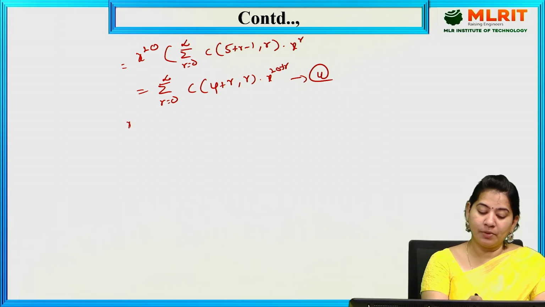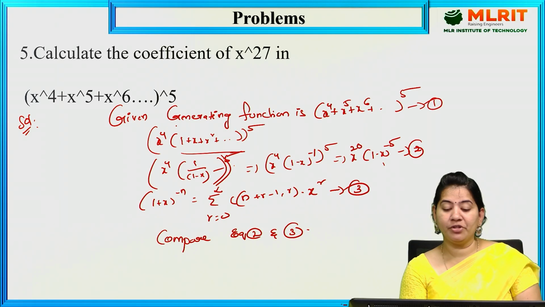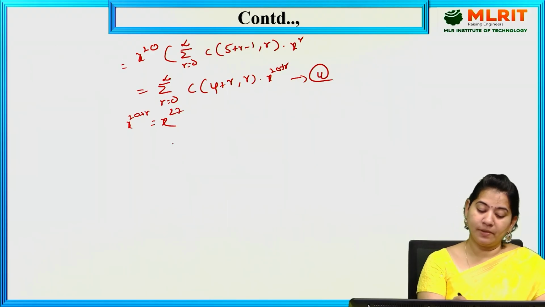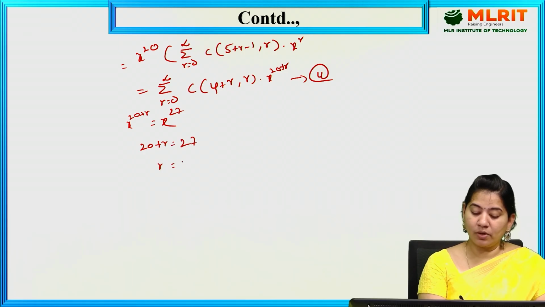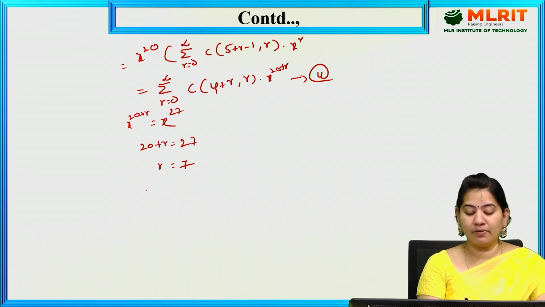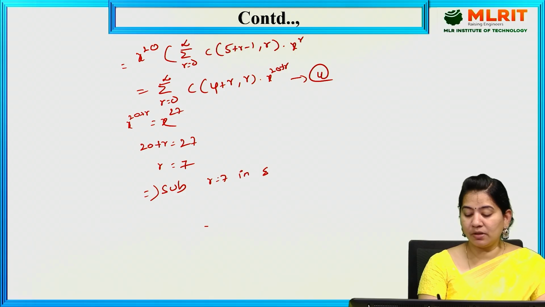So now x power 20 plus r is equal to x power, what is the coefficient here? 27 we need to find out. So x power 27. So 20 plus r is equal to 27. r is equal to 27 minus 20, which is 7. So substitute r is equal to 7 in equation 4.